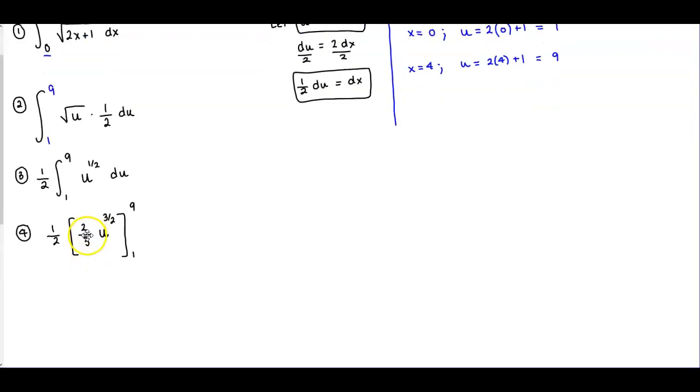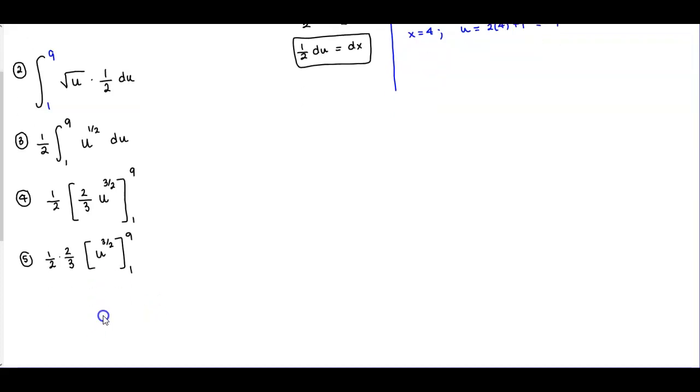And so now let's factor out the 2/3. So we're going to have 1/2 times 2/3, and then we're going to evaluate u to the 3/2 with a lower limit of 1 and an upper limit of 9.